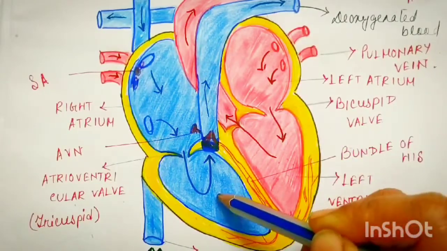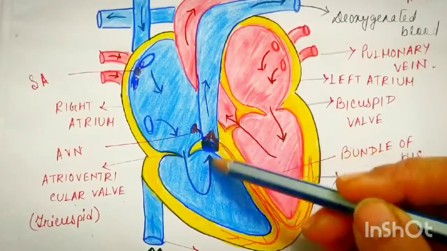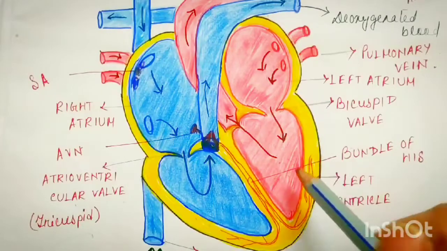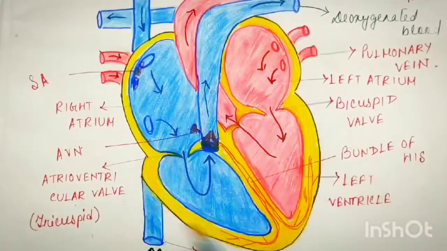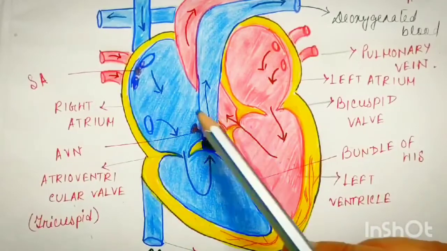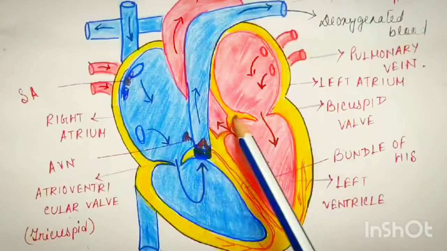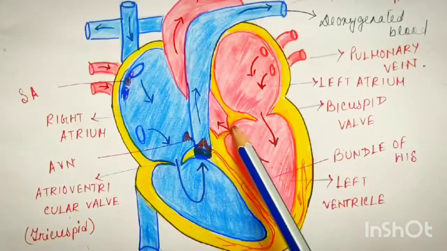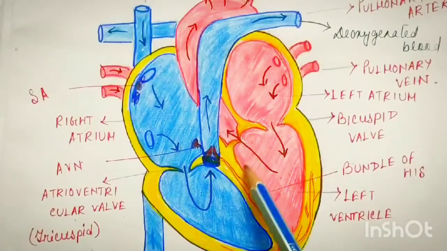From the right ventricle to the pulmonary artery there is a semilunar valve, and from the left ventricle to the aorta there is also a semilunar valve. Out of these 4 valves, one is named tricuspid, one is named bicuspid, and the other 2 are named semilunar valves. So in total in the heart there are 4 valves.